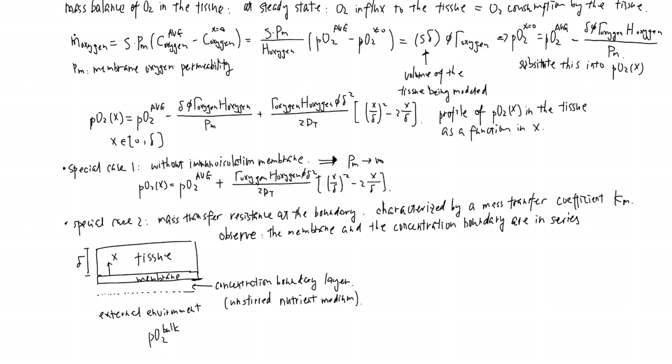So in this case, the PO2 would start with PO2 at average. Now you subtract a term, considering delta, gamma oxygen, and it is constant.